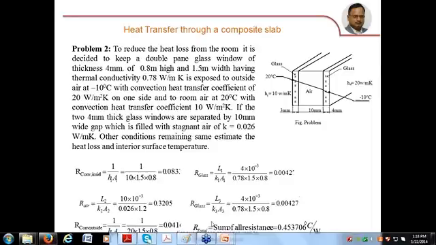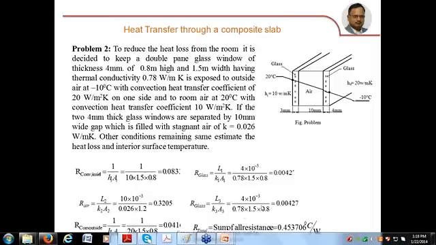And R air, assuming that air is stagnant, it cannot convect, it only conducts. So again it is a conduction resistance offered by the air, L by kA. Thickness of the air film, the gap, is 10 mm, 10 into 10 power minus 3. Thermal conductivity of air is 0.026, and area 1.5 into 0.8 is 1.2.